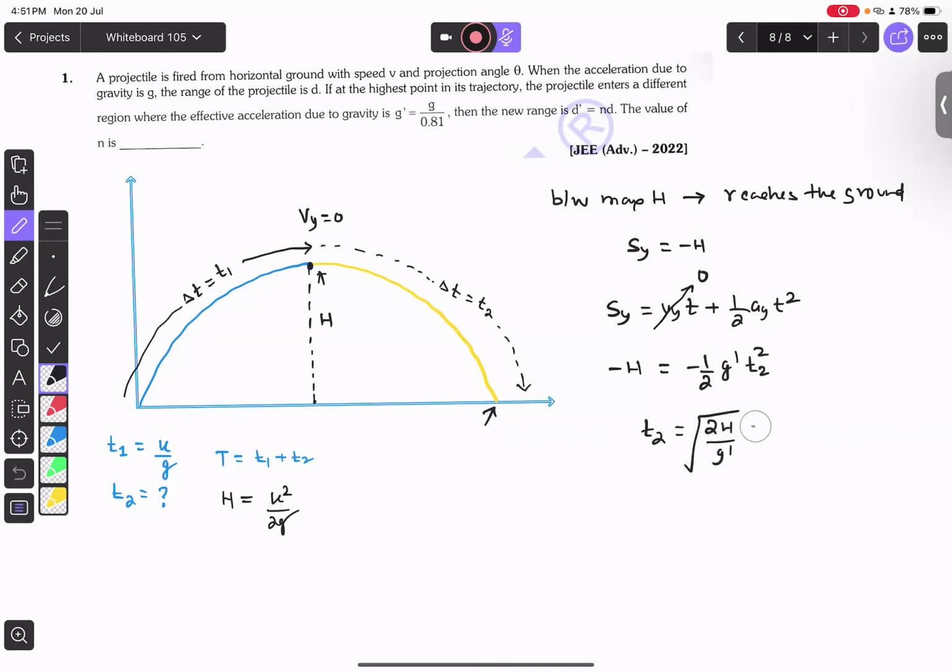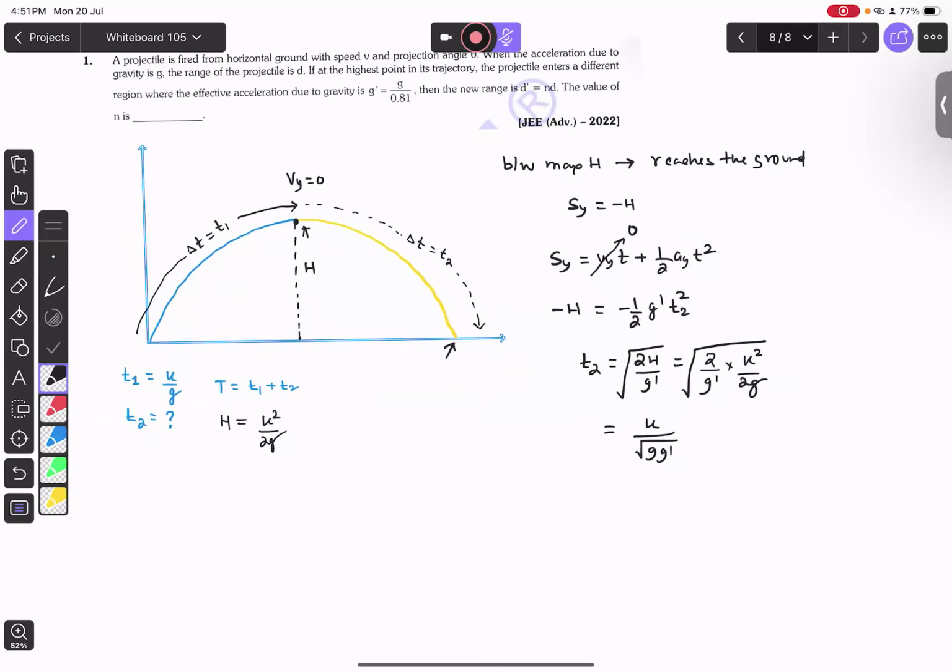But what is h? h is u square by 2g. So plug the value of h, which is u square by 2g. So you get 2 into u square by 2g into g dash. So 2 gone, and that will become u by root over g into g dash, correct?